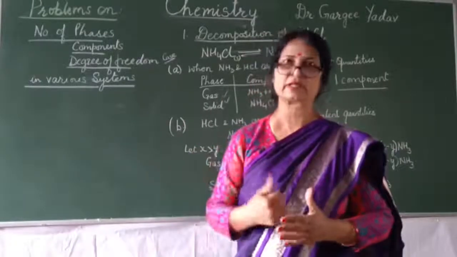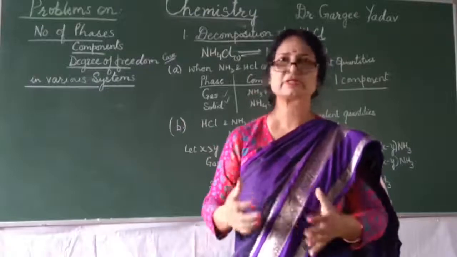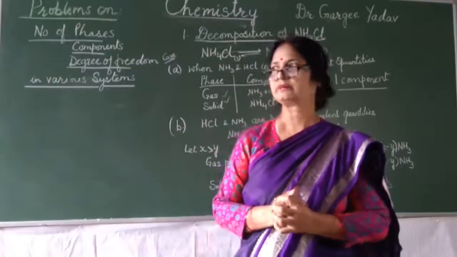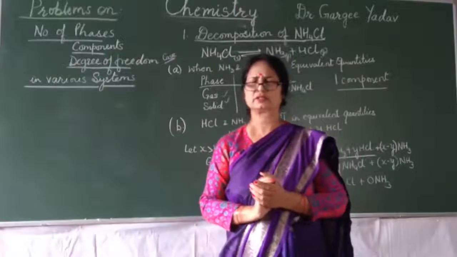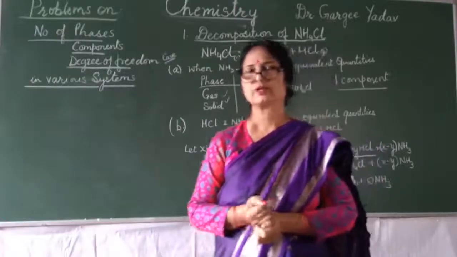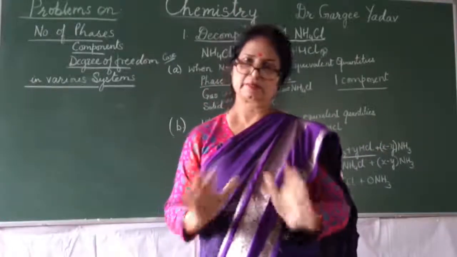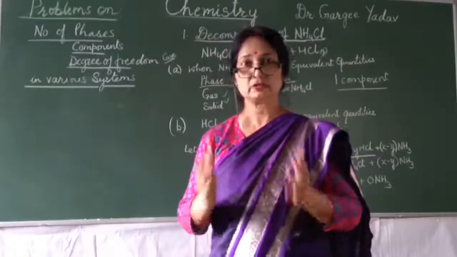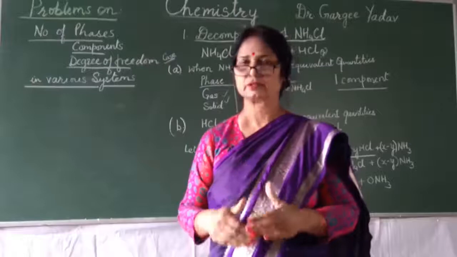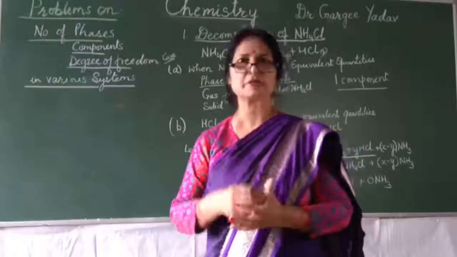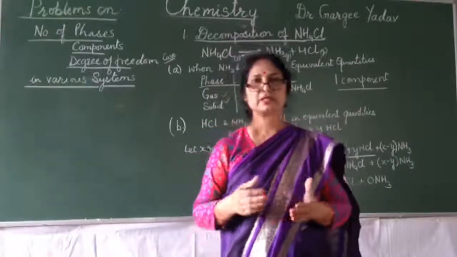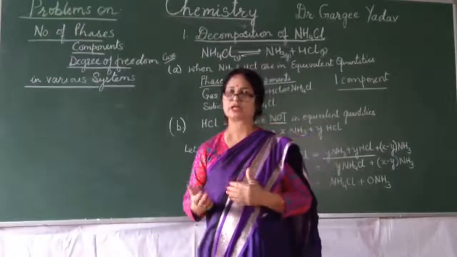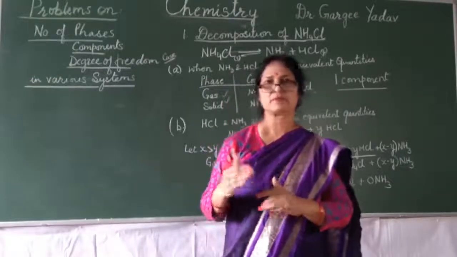I am taking this example because it is the famous Haber process of production of ammonia, and moreover it is a very common question also. If they are present independently in a vessel, then it will constitute three components. But if equilibrium has been set up between them, there is a reaction between them at appropriate pressure and temperature, nitrogen and hydrogen react and form ammonia.